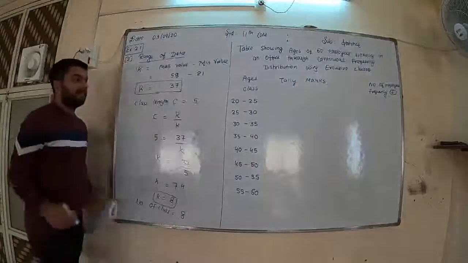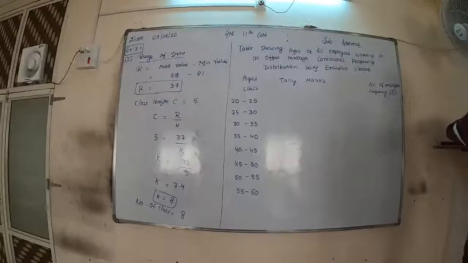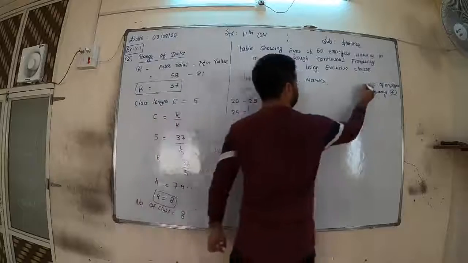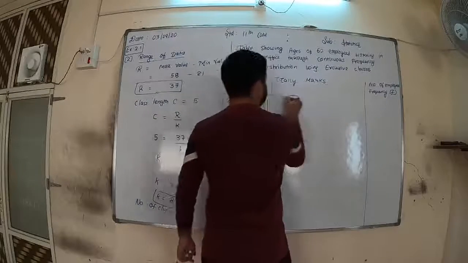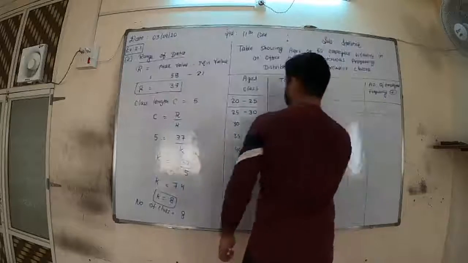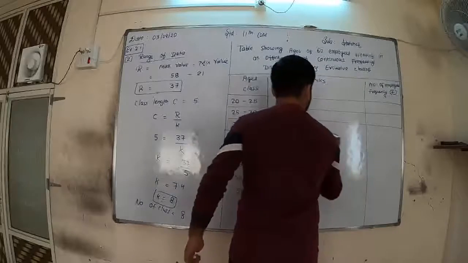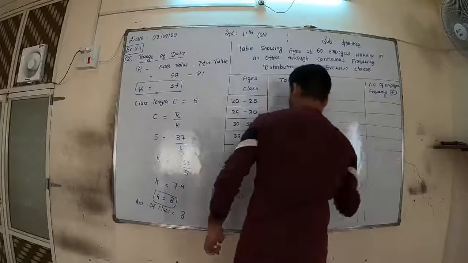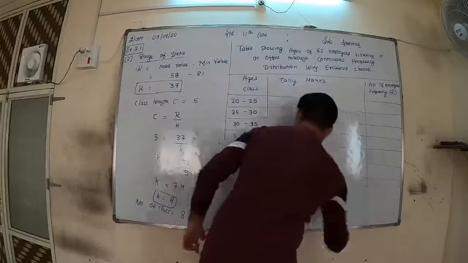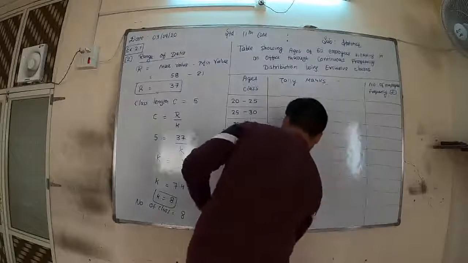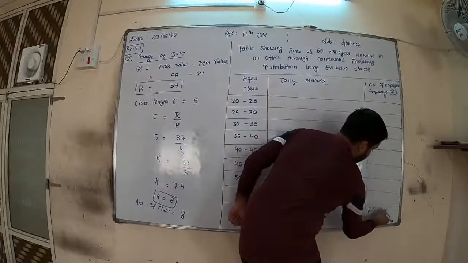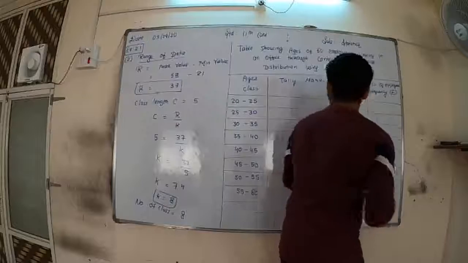See, classes are here. So these are the columns, and as we know, total there are 60 employees. Sigma F is equal to 60.